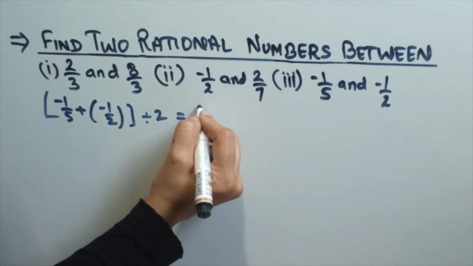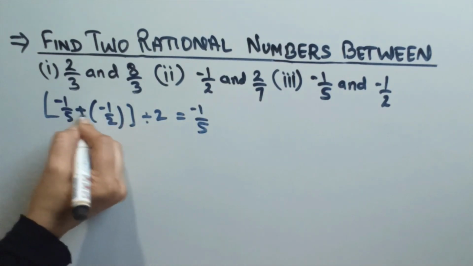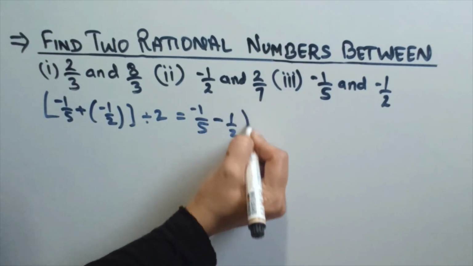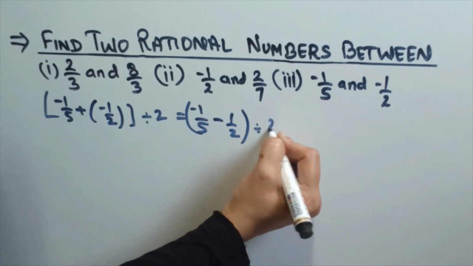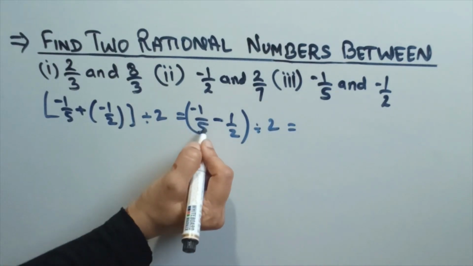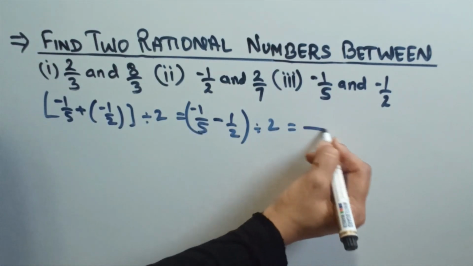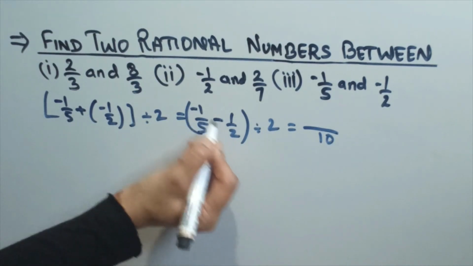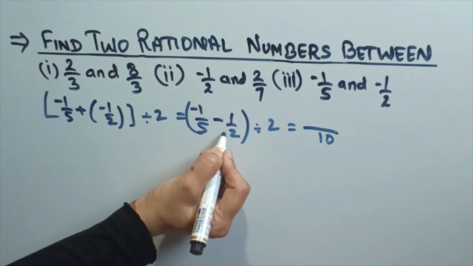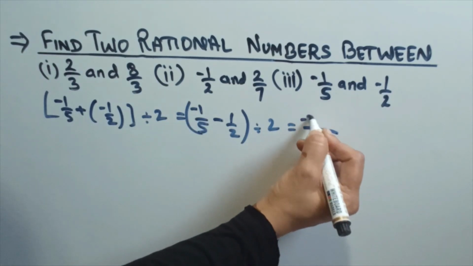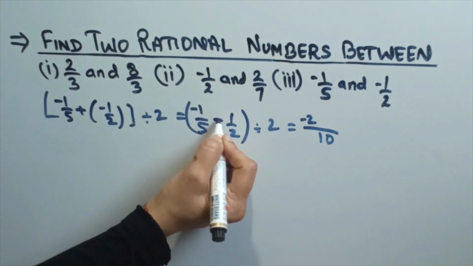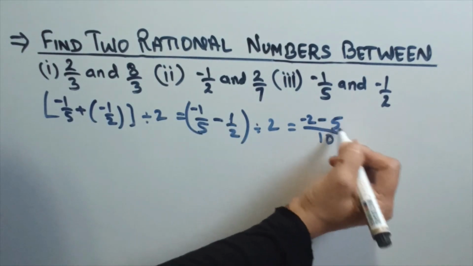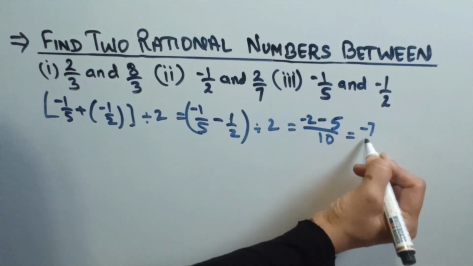So minus 1 by 5 plus minus, minus 1 by 2, divided by 2. 2 fives are 10. Minus 1 and 2. 2 ones are 2. This is with a plus sign. Minus plus minus, so minus 2. Minus sign here, so we'll write it with the minus sign. 1 fives are 5. So this is minus 7 by 10.